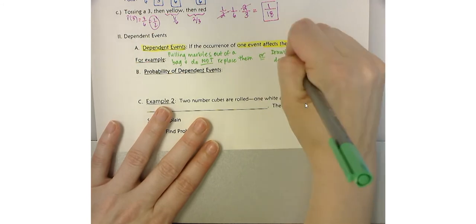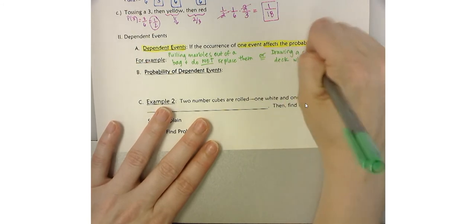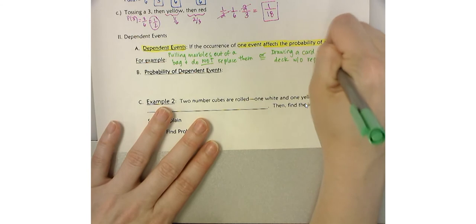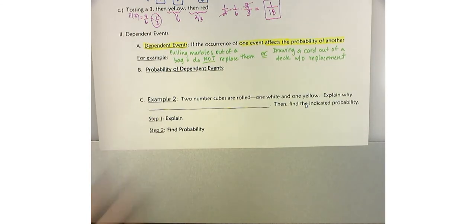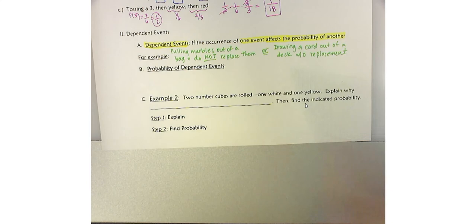Okay, and the reason why that would be dependent probability is because if you draw a card out of a deck first, your total outcomes on the bottom would be lower. And then depending on what card you pull, the probability on the top would be less.